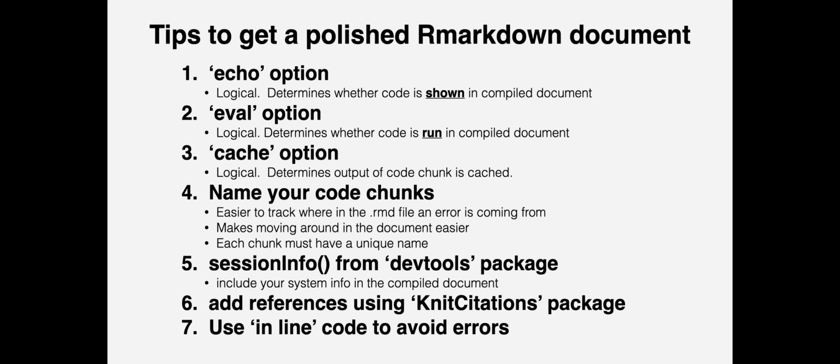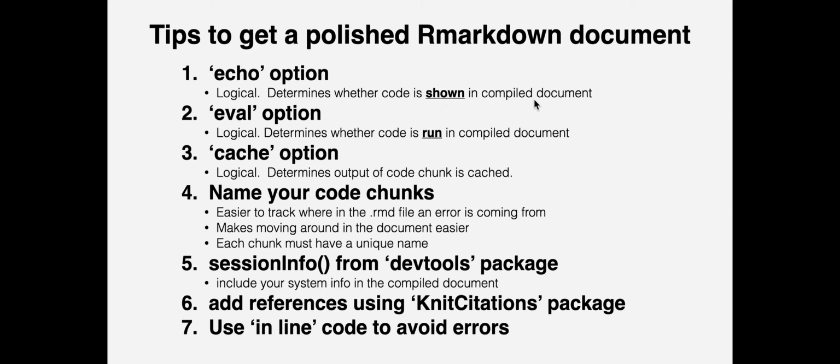All right, how do we get the most polished R Markdown document possible? Well, one way is we can take advantage of all these code chunk options. I talked about messages and warnings and setting those to false, but there are other things like an echo option, which takes a logical, true or false, echo equals true or false, that determines whether the code is shown in the compiled document.